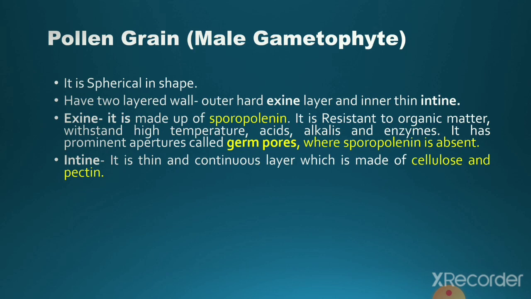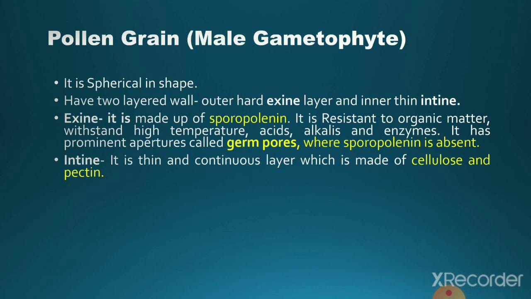One more important thing: sporopollenin is the most resistant known biological substance. It can withstand high temperature, acids, alkalis, and enzymes. So, in natural conditions, it cannot be degraded by anything.